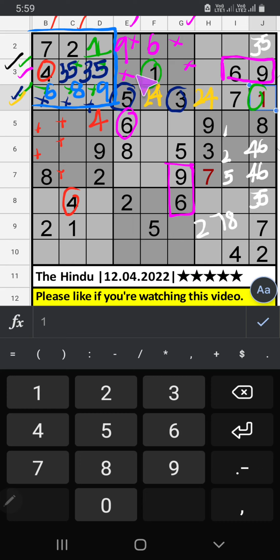Third row, 3 numbers are remaining, 2, 7, 8. Column E, we have 2 and 8. So 2 and 8 can't come in this cell. It will come in any one of the cells. We will confirm later. Then only 1 number is remaining, 7. 7 is confirmed here.